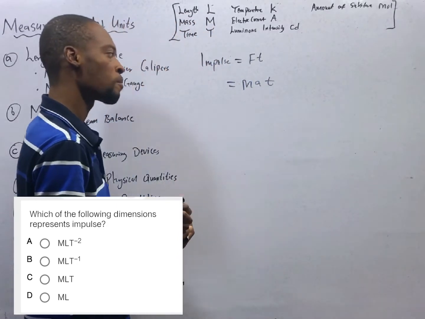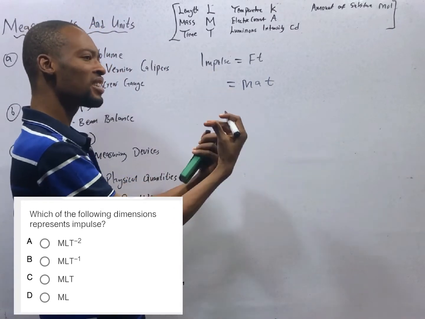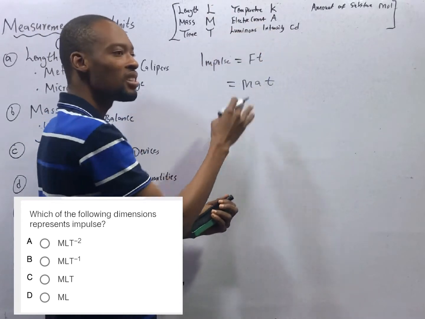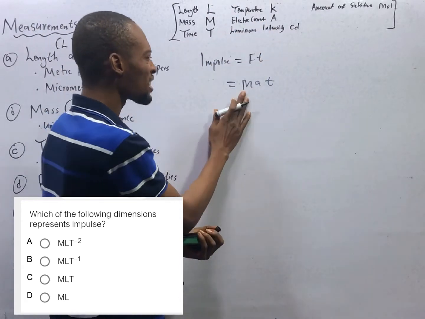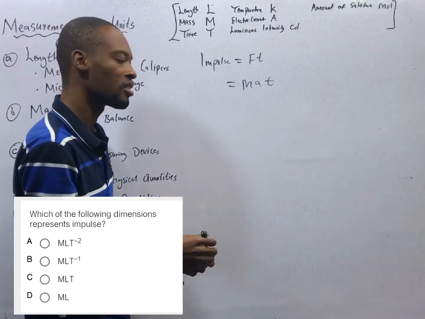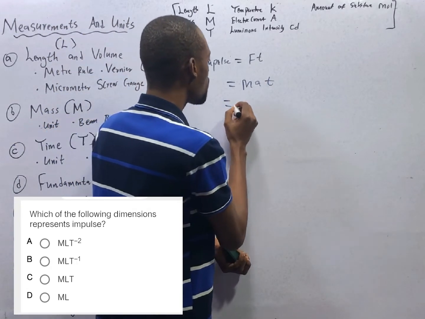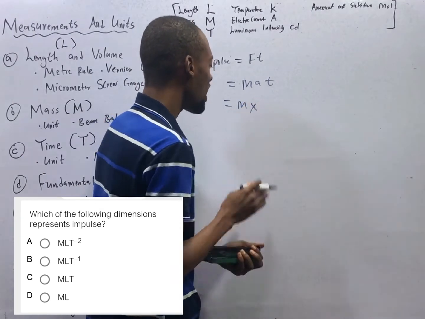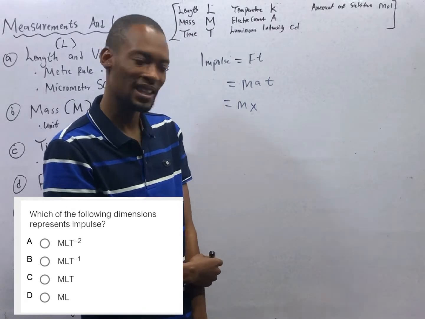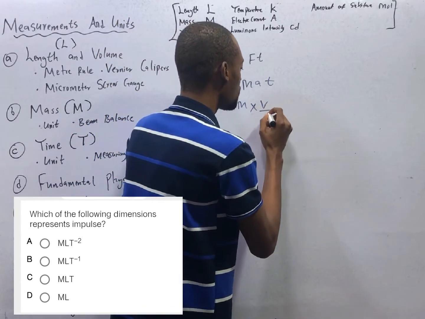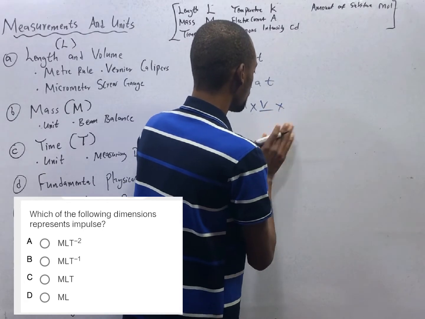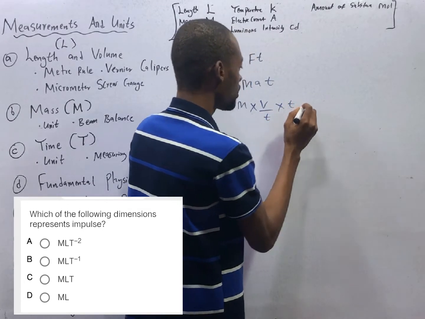This is impulse. Now we try to make everything become fundamental quantities so that we can use these units. Mass is fundamental, time is fundamental, but acceleration isn't. We break it down. Impulse is mass times acceleration, which is change in velocity over time, so v over t times t.